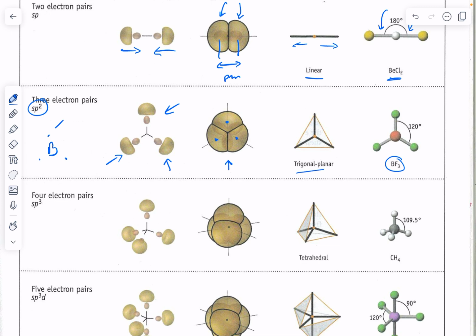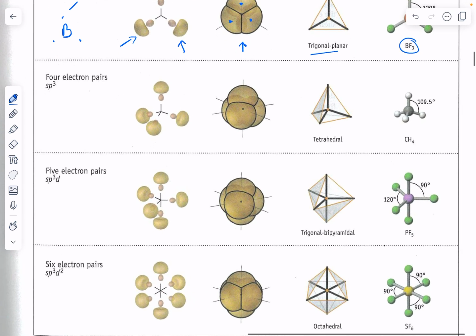And then when we look at 4 electron pairs, remember, these electron pairs might be bonding pairs. They might be lone pairs, like in water and ammonia in this illustration. But this is methane. So we don't distinguish between the S and the PX and the PY and the PZ.